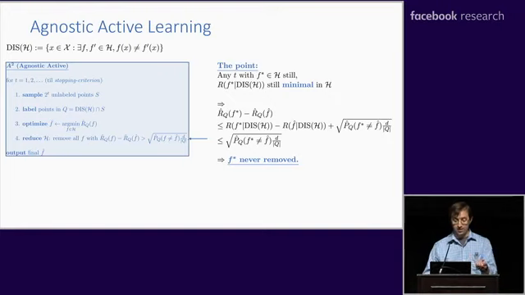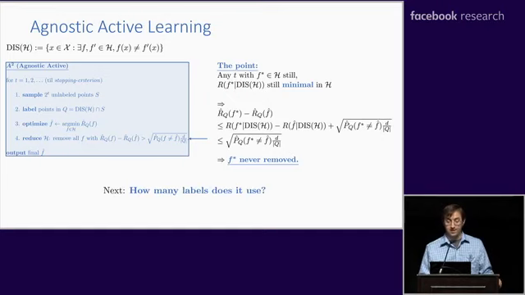And as I just said, f star is still the minimizer under the conditional given the region of disagreement, so that first difference is at most 0. And so you get to conclude that f star is never removed. If f star is in there at the beginning of the round, then given that Bernstein's inequality holds, it's still going to be in there at the end of the round. So this algorithm preserves the invariant that you never remove the best classifier from the hypothesis class. So it's definitely doing something reasonable in that sense.